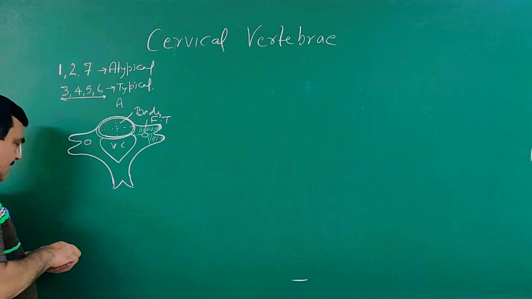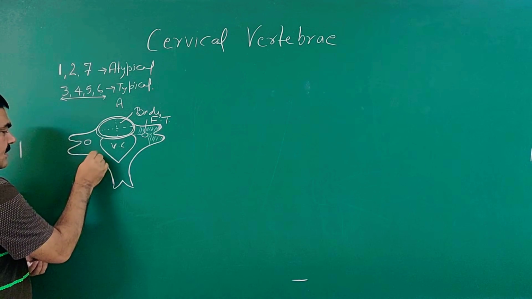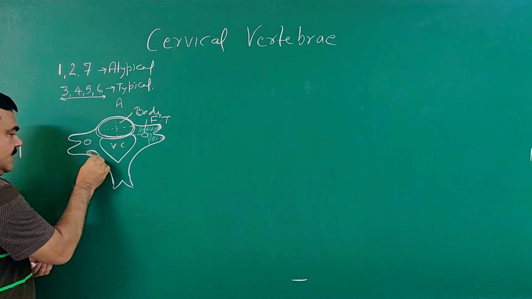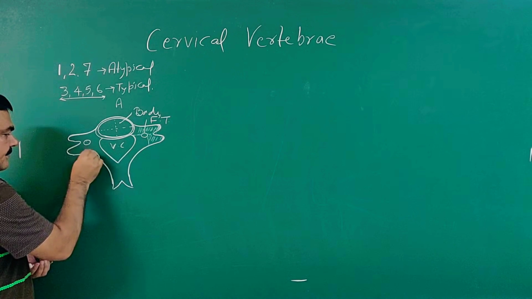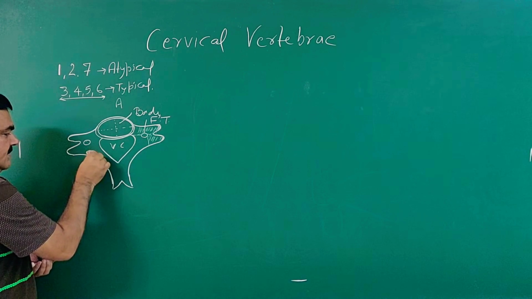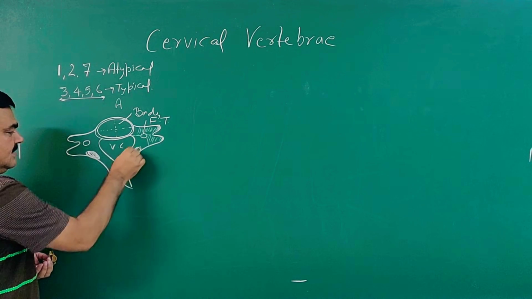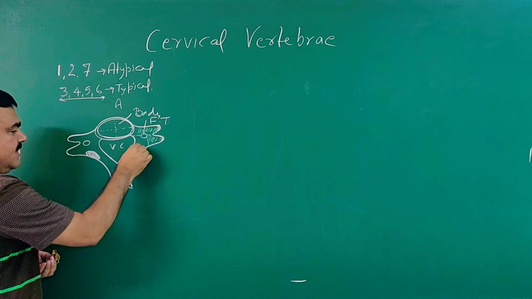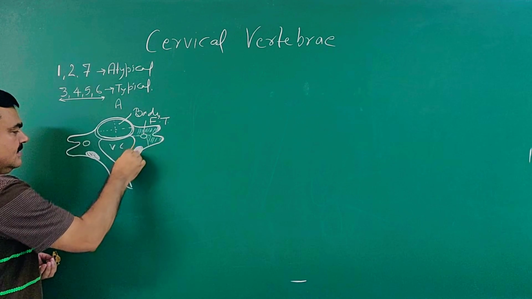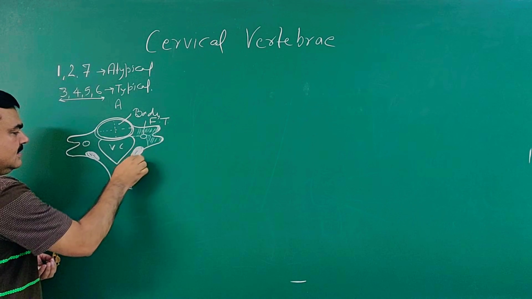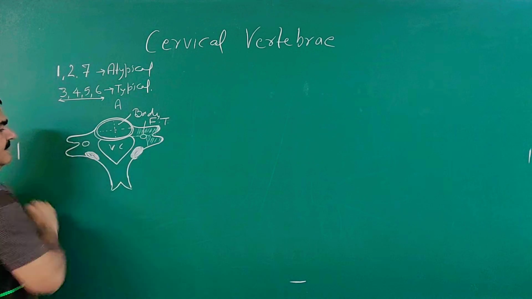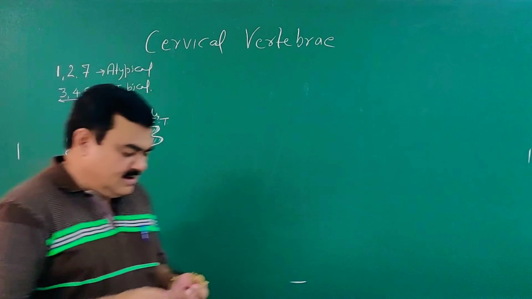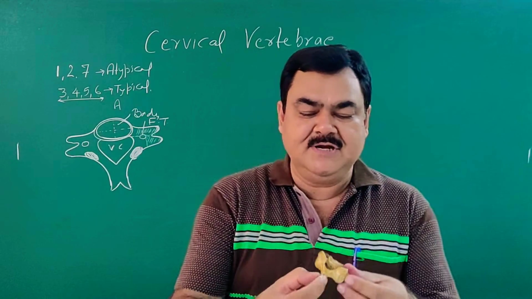And here you can see the superior articular surface or facet. This is superior articular facet. And on the inferior side, you can see inferior articular facet.